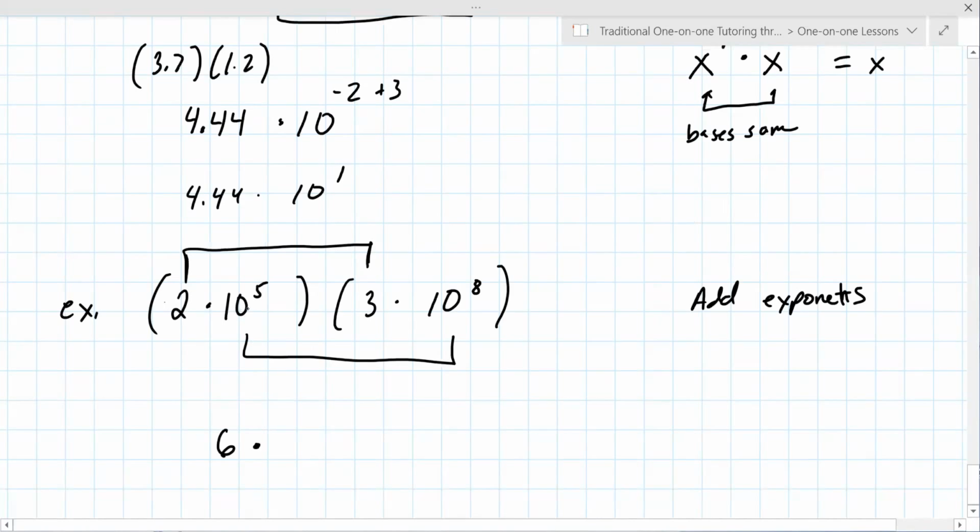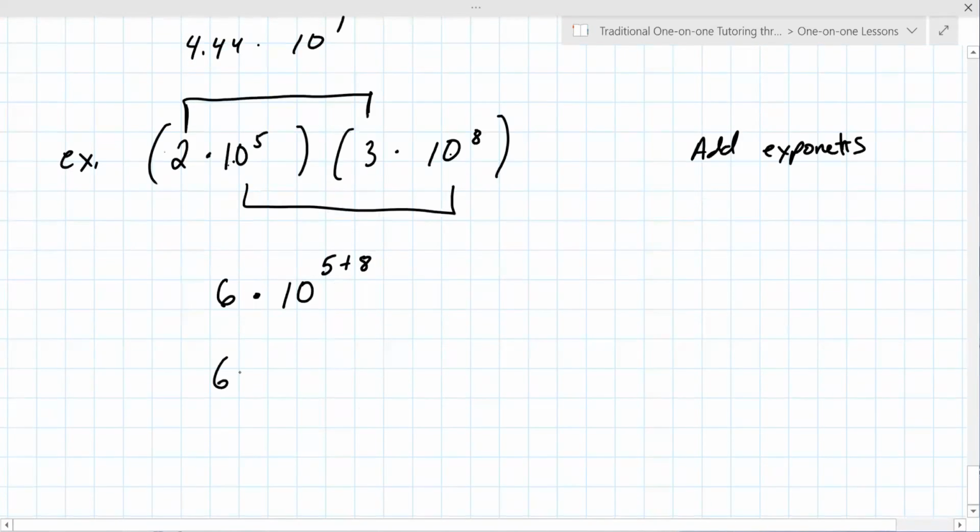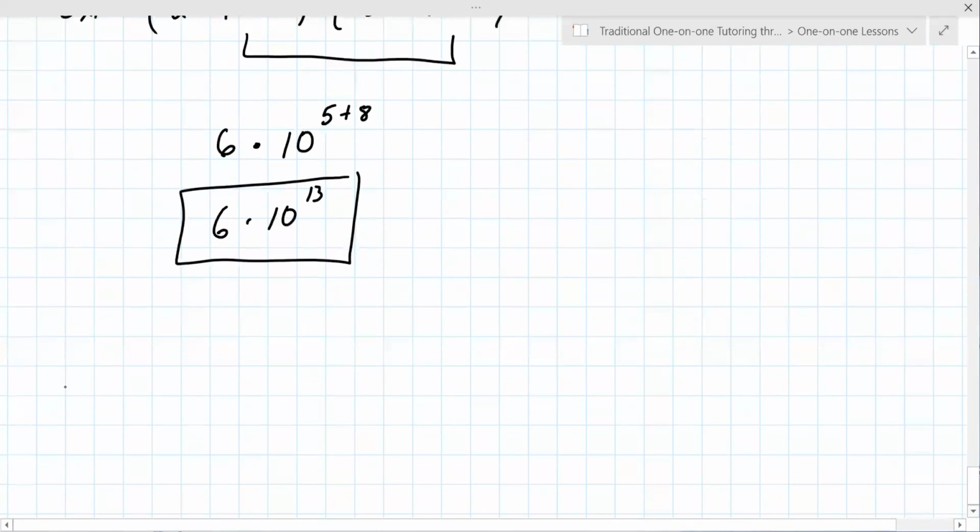Okay, and then because the bases are the same, because the 10s are the same, you add 5 and 8. So it's 10 to the 5 plus 8. And then you just add those together and do 10 to that. That's your final answer. Oh, okay. I was overthinking it. Yes, it's 2 steps. You multiply the first, then you add the exponents. I was overthinking that way too much.